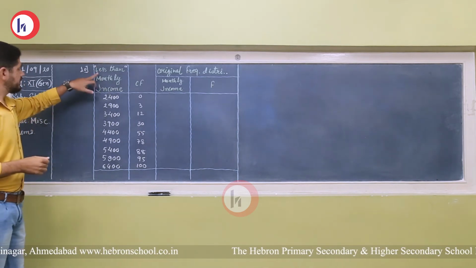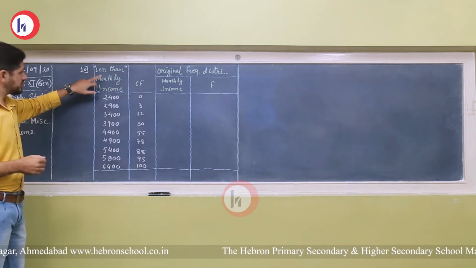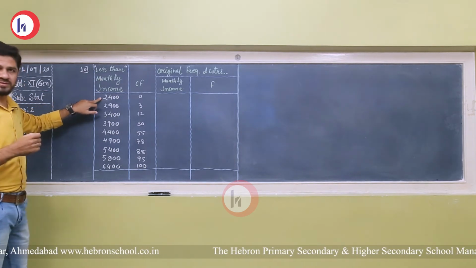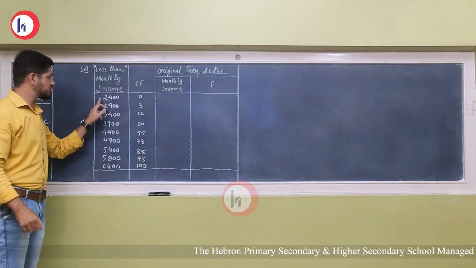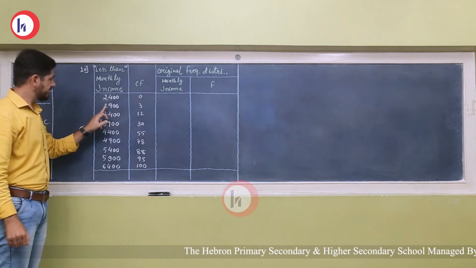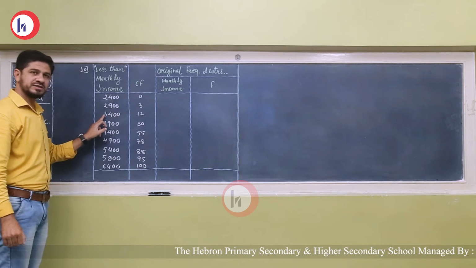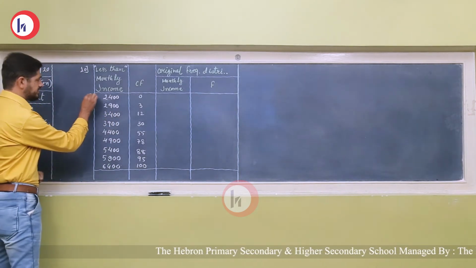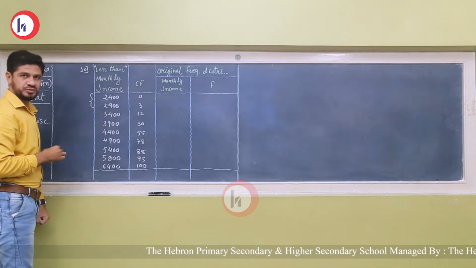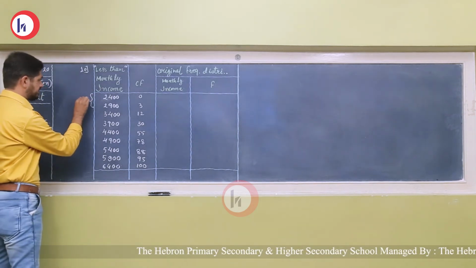So friend, less than, so we can read less than behind each value. So we can read like this: less than 2400, less than 2900, less than 3400, and so on. Now friend, you can see the difference between these two is 500.